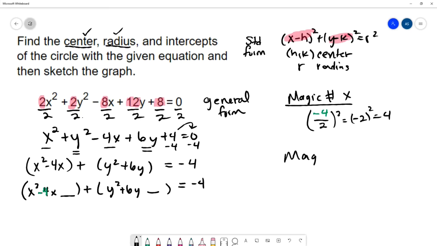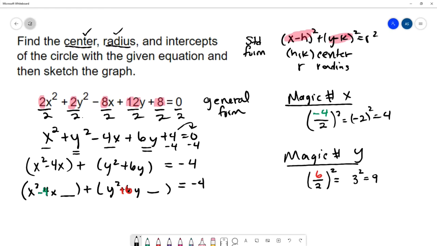Very similarly, I want to find the magic number for the y's. So I'm going to start with the coefficient of the y, 6. Same process, cut it in half and square it. 6 divided by 2 is 3. 3 squared is 9. So our magic number for the y group is 9.